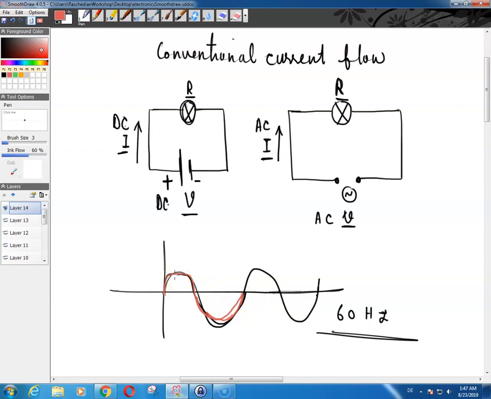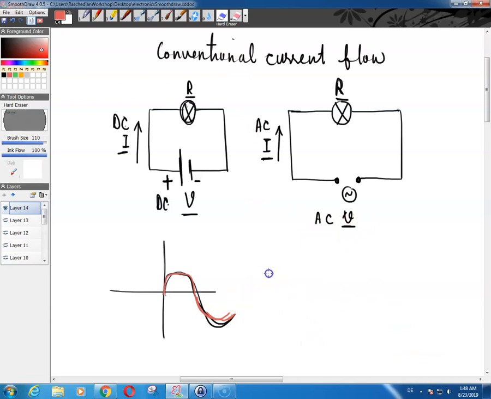So in every cycle the voltage is becoming positive, negative, positive, negative. So then relative to this, your current is changing here. But of course I'm not supposed to be talking about these right now.